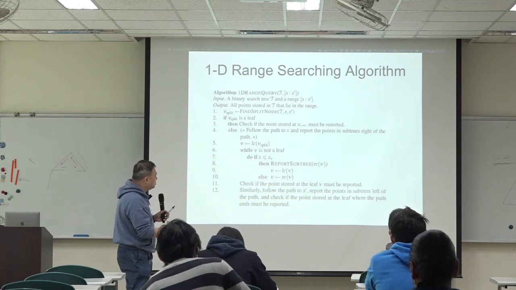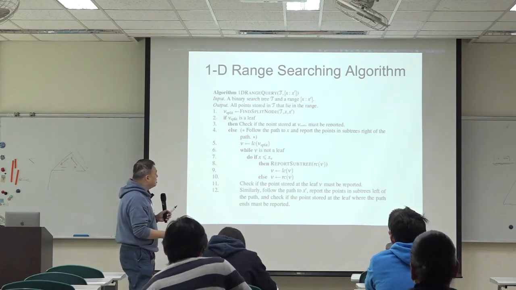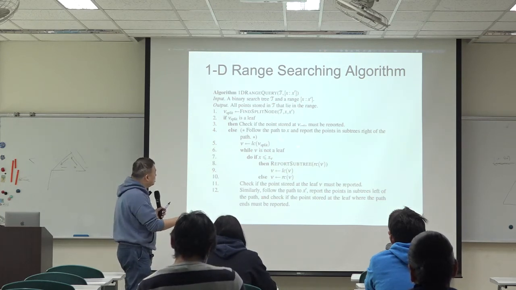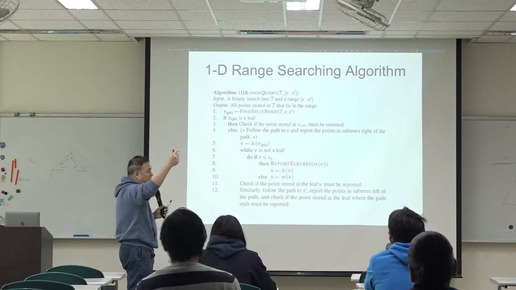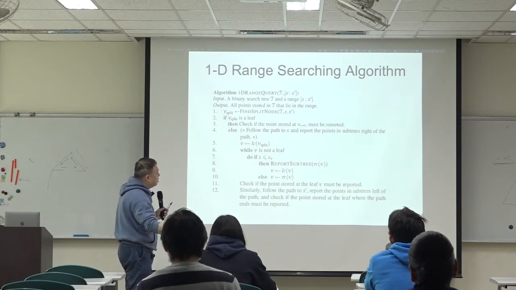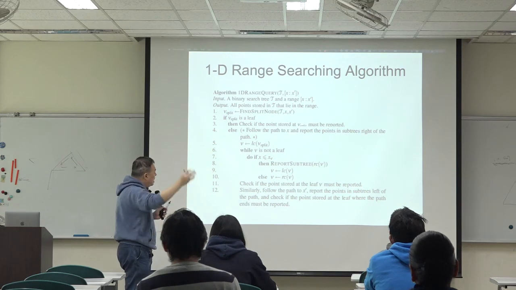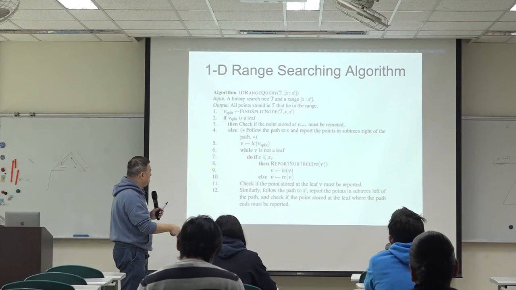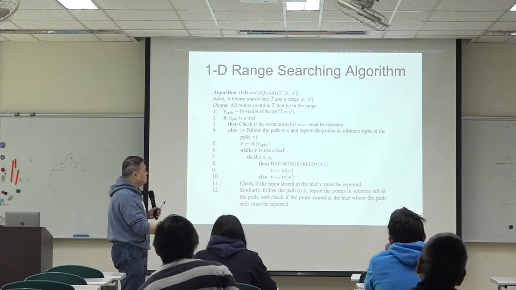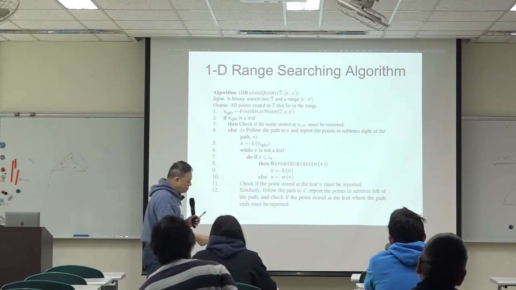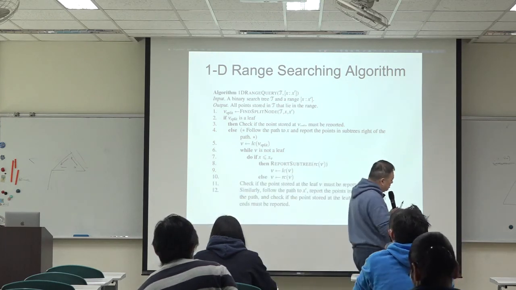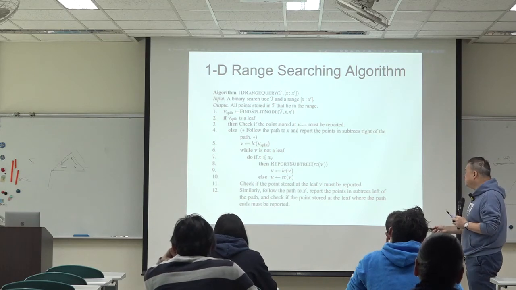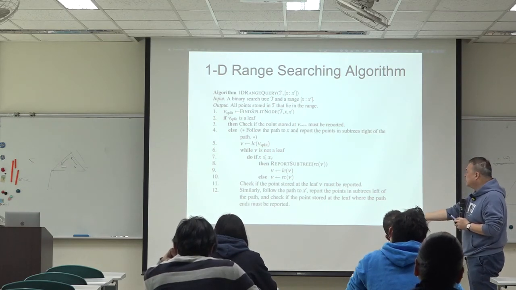So basically, that's about it. This is one half of the code. The other half of the code will be similar to this one. It just checks if the point stored at the leaf node is in range. This description basically just means we have the other part of the code. Okay, so that's about it.